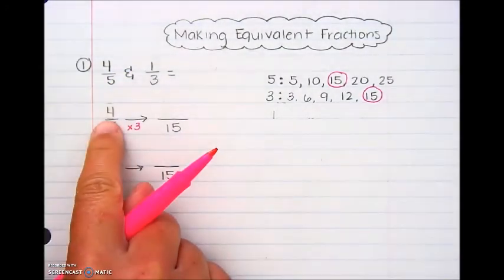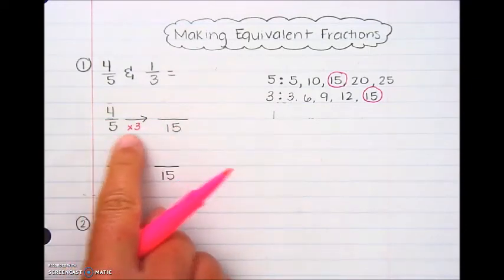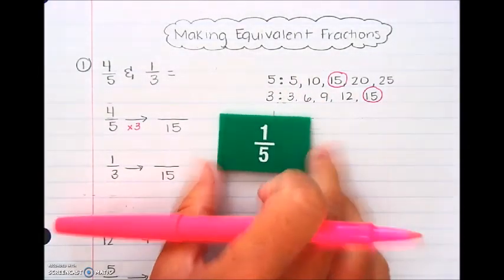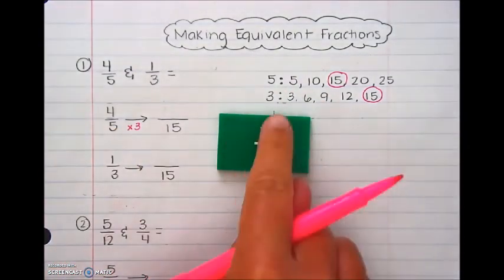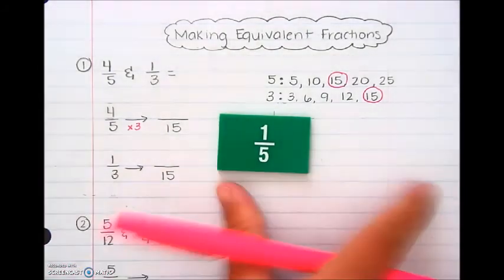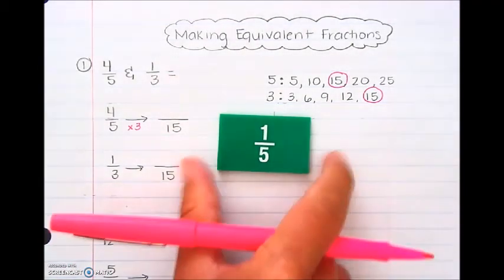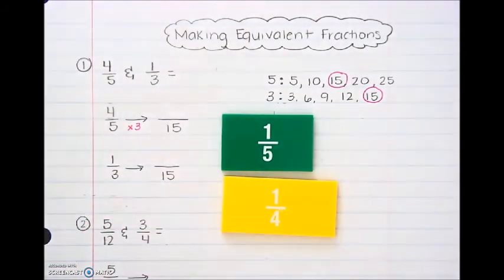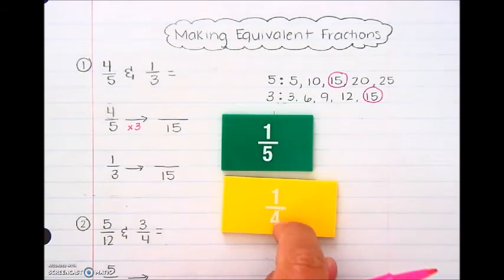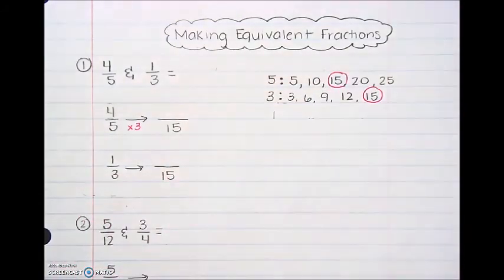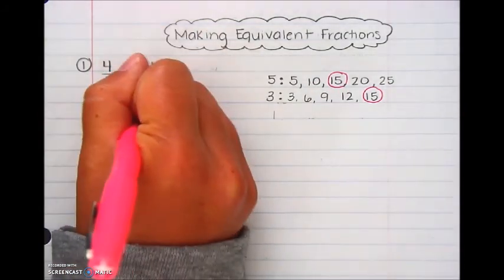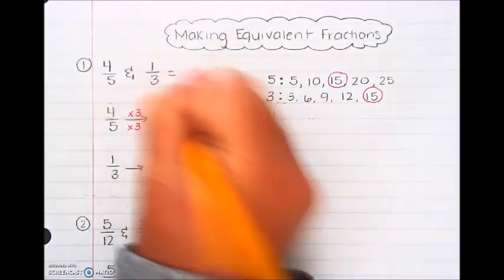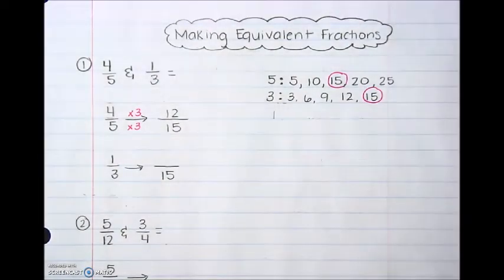So I need to do the same thing to my numerator, because what I'm really doing with my denominator is taking each of these green 1/5 pieces and slicing them into 3 pieces each. That's what's turning this into 15 little slivers. So I also multiply my numerator by 3. 4 times 3 is 12, so 12/15 is exactly the same as 4/5.